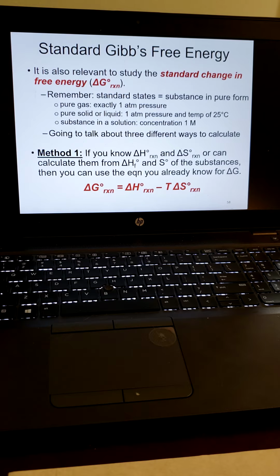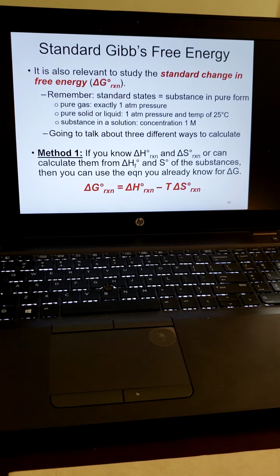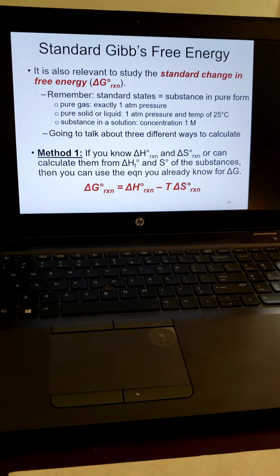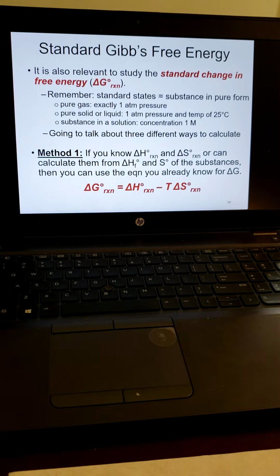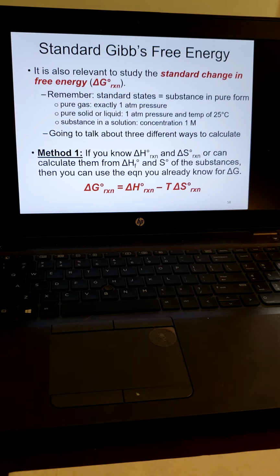Delta G equals delta H minus T delta S, or delta G naught is equal to delta H naught minus T delta S naught, meaning if you know your delta H corresponds to standard conditions and you know your delta S corresponds to standard conditions, then delta G should also correspond to standard conditions.